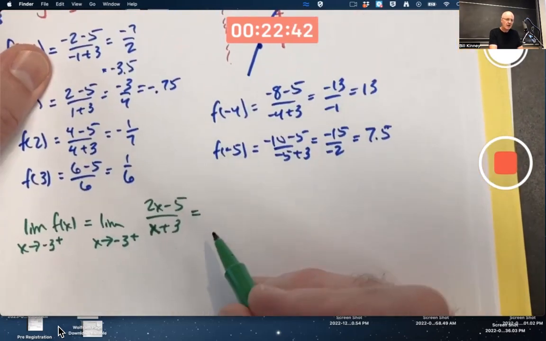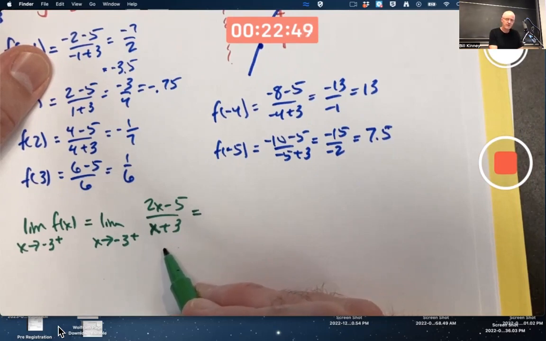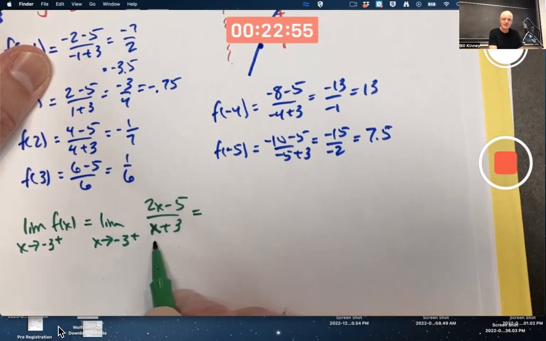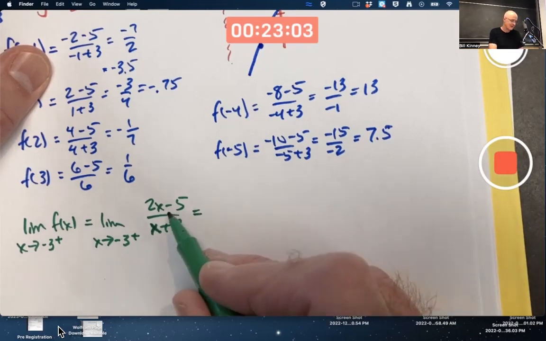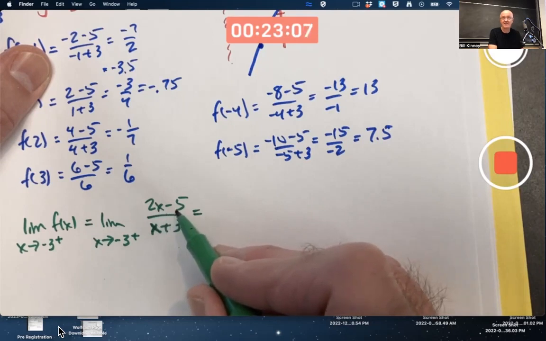Can that be reasoned out just by looking at the formula? Yeah. Imagine plugging in a number really close to -3, barely to the right of it, like -2.999. -2.999 plus 3 is a really small positive number, 0.001. And -2.999 times 2 minus 5 is negative, and not so close to 0.